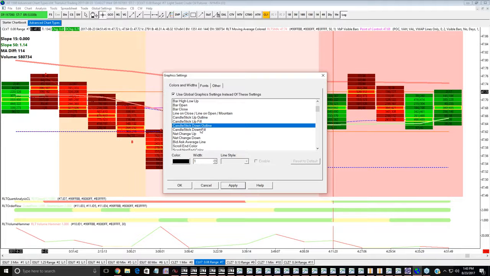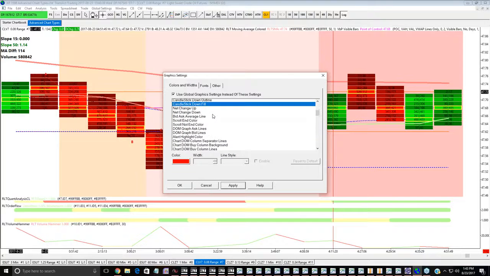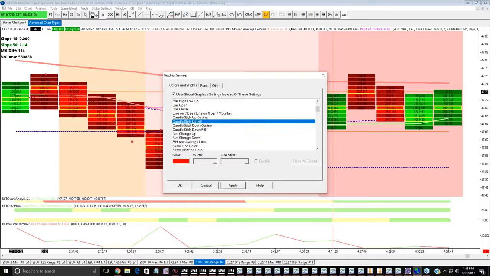Candlestick doesn't change anything, because we have this set as a default going back. If we didn't have it, we would get a candlestick. But right now, we can't get one. Candlestick up, outline, apply. We have nothing.